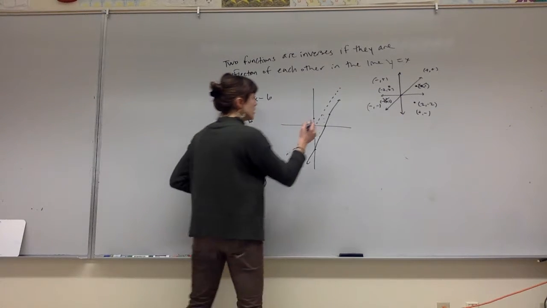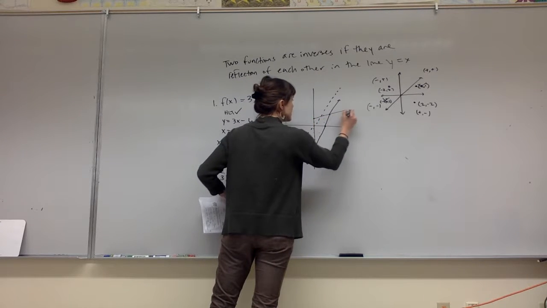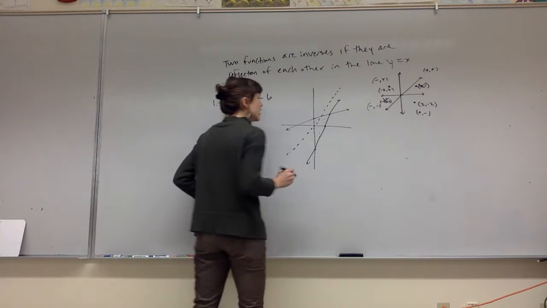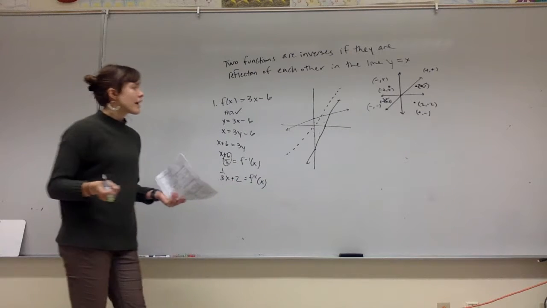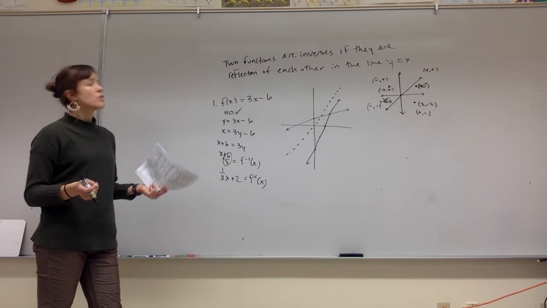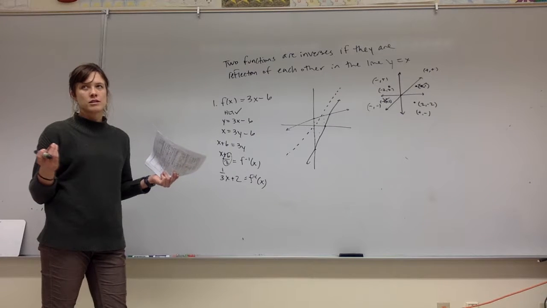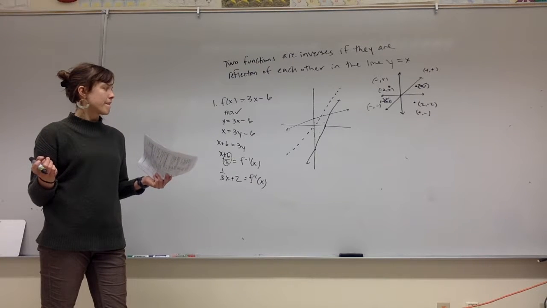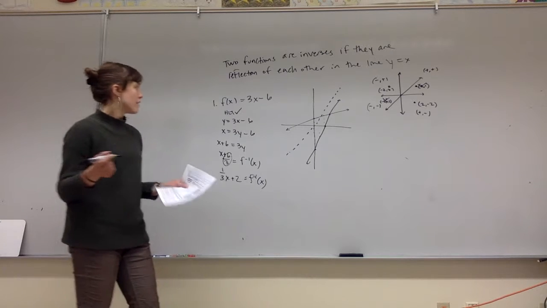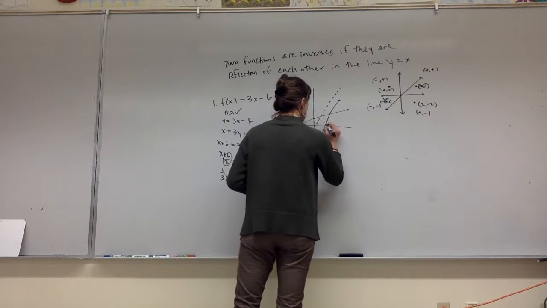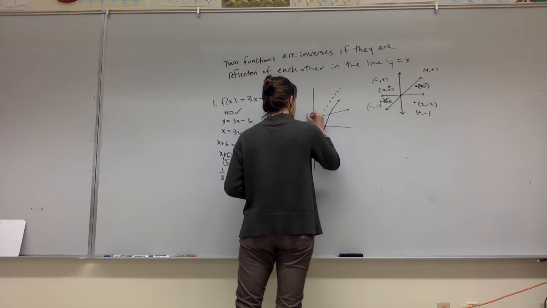So I would cross here. And so how could I figure out if this was a reflection? What could I use here? What are 2 points that I know I have here? Yeah. So I have this point here of 0, 2.